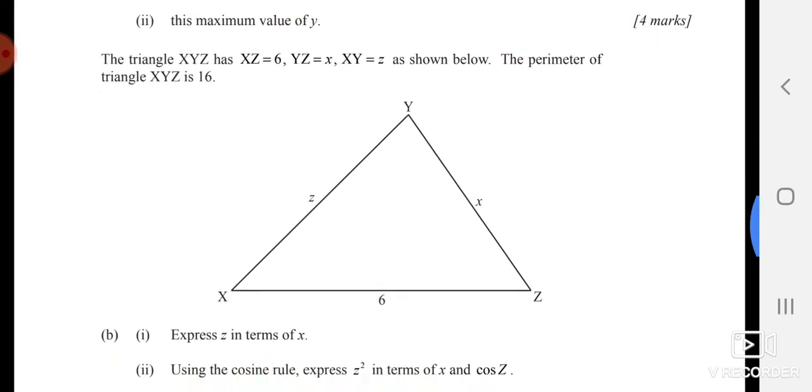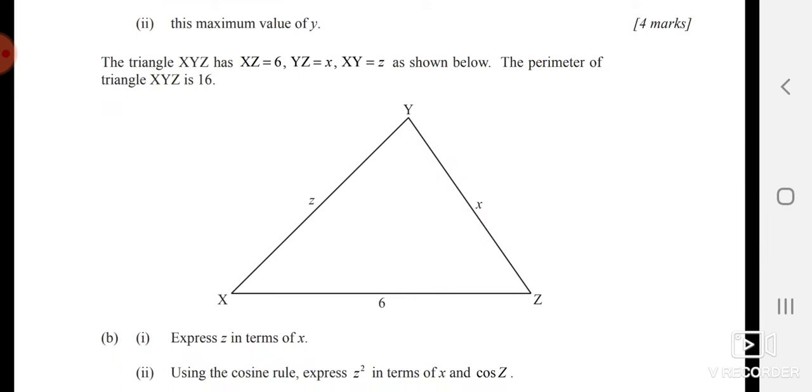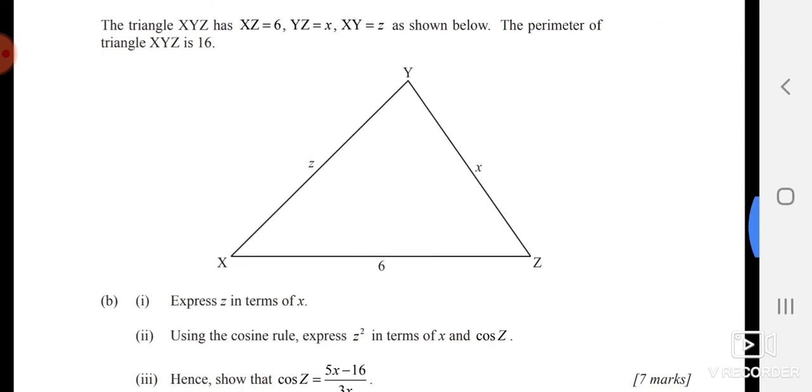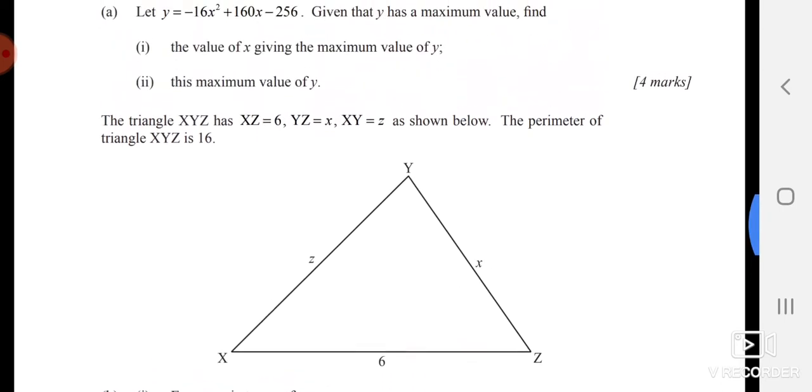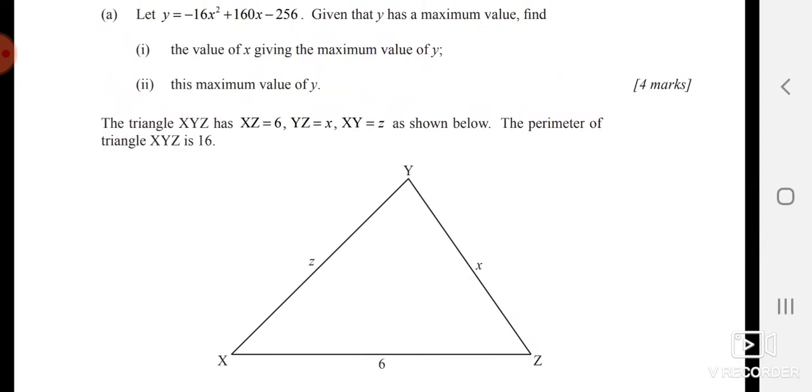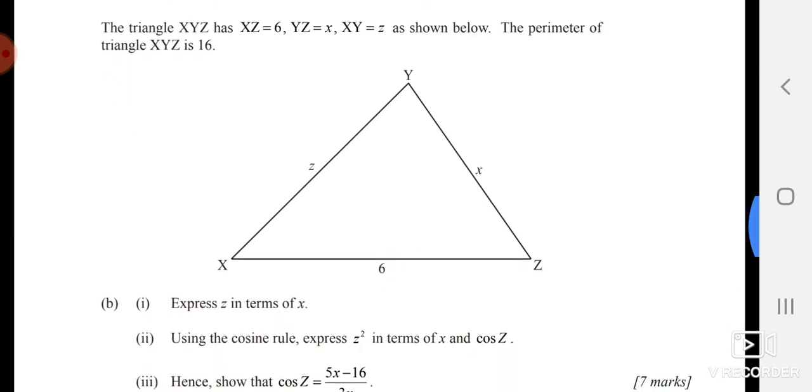Now I'm moving on, and you see there is a triangle, and one length is given as 6 and the other two lengths are given as x and z. Now express z in terms of x, as he told you that the perimeter of this triangle is 16. The perimeter is 16 means 16 is equal to 6 plus x plus z. So you can easily express z in terms of x.